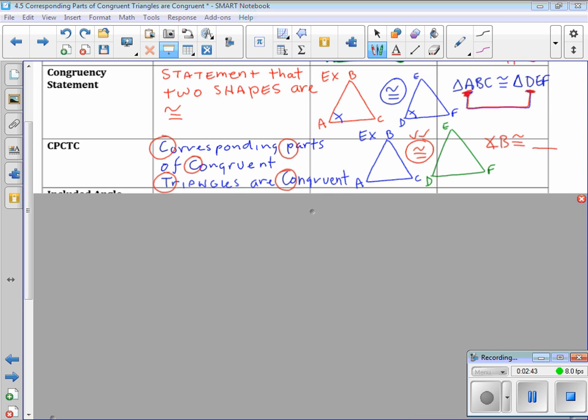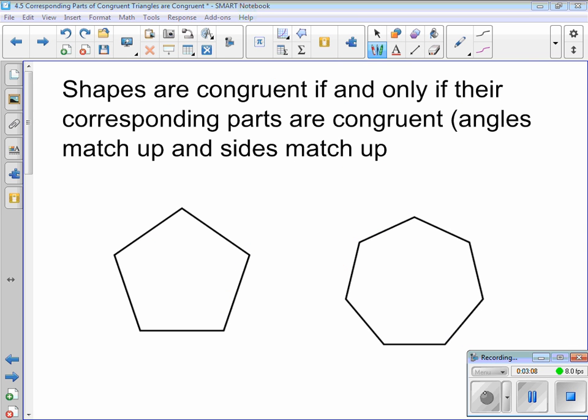Right off the bat, I would think it would be angle E. We'd need a little bit more information to assume that just because B's at the top and E's at the top, they're congruent. The green one could actually be rotated around and B doesn't line up with the E. But we're going to walk through some more information in the next few moments so you can correctly do those kinds of problems. Let's move on.